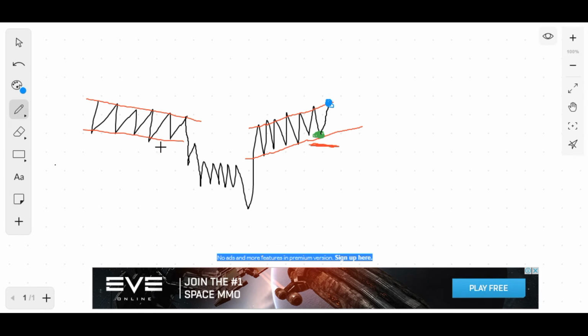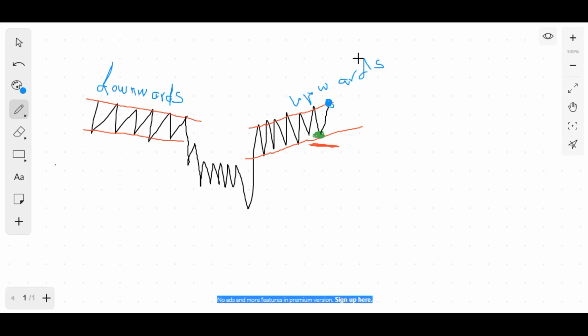Right now, the first one we looked at is a downwards trend, and this one is upwards. So right now we know what a downwards trend is, we know what an upwards trend is. So right now we have to take a look at consolidation.